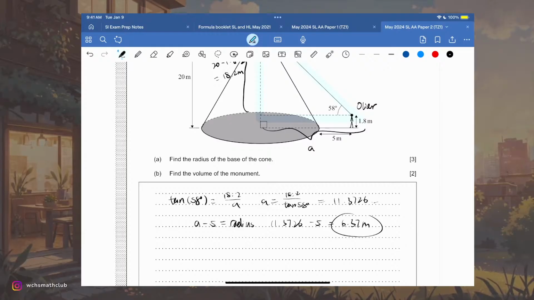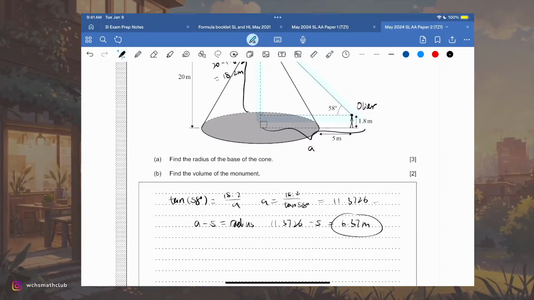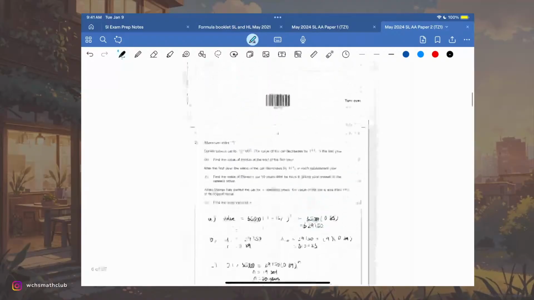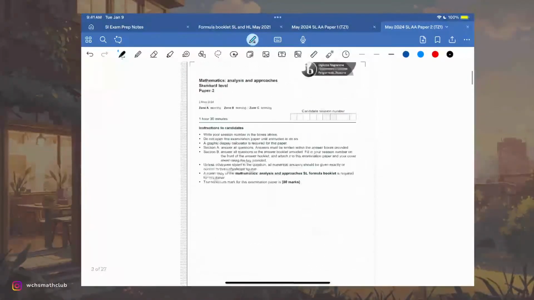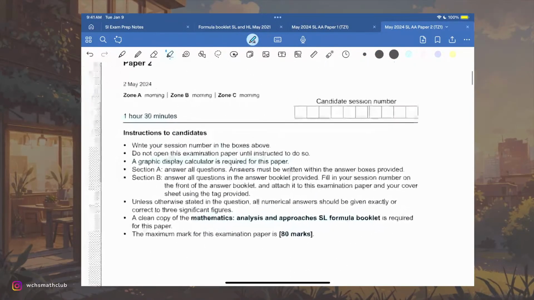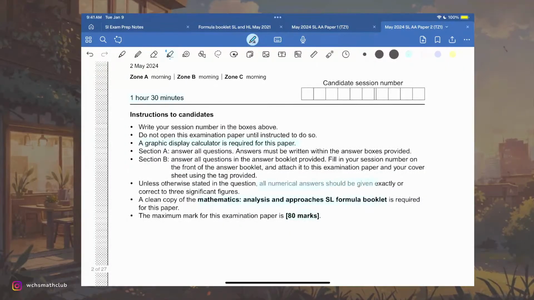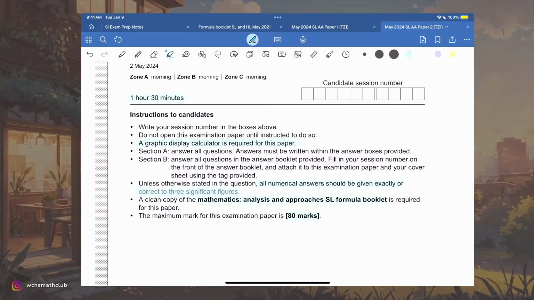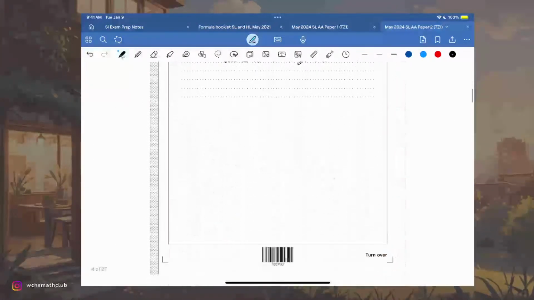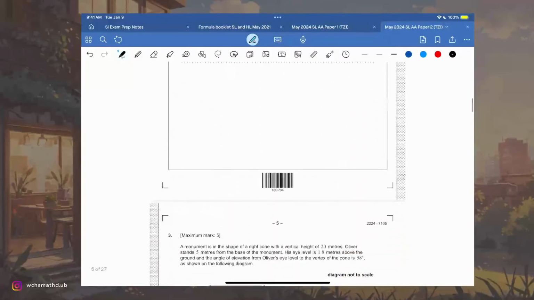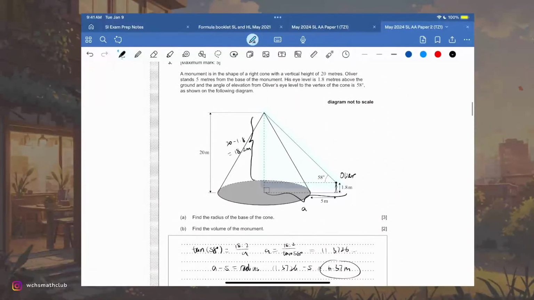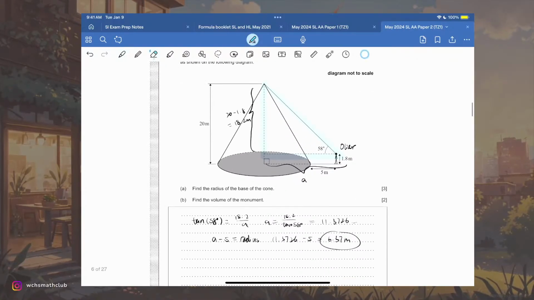Make sure you round this to 3 sig digs, because the instructions above tell you that your answer should be given as exact values or correct to 3 sig digs. Unless the question specifies how many sig digs, always either give an exact value or use 3 sig digs. All right, that's the final answer for part A.